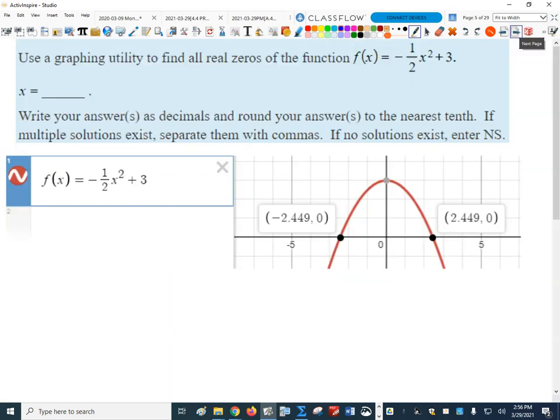What if we were asked to find all the real zeros of this function? Well, what does that mean? Real zeros. Those are just the places where the function is equal to 0, right?